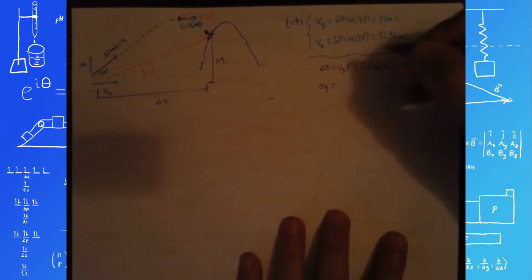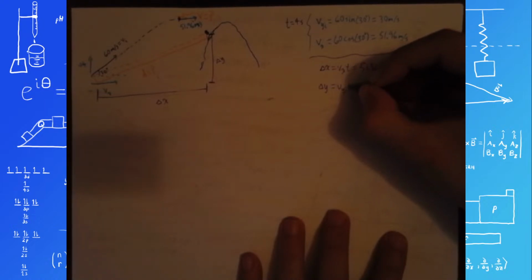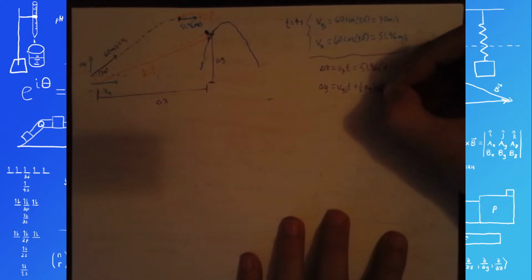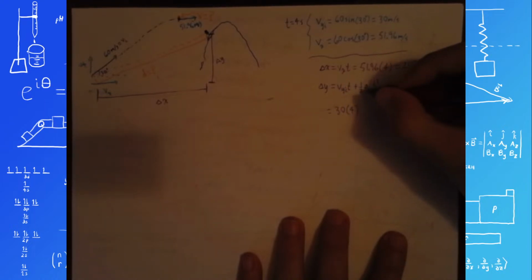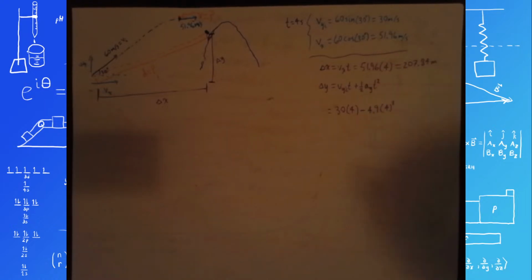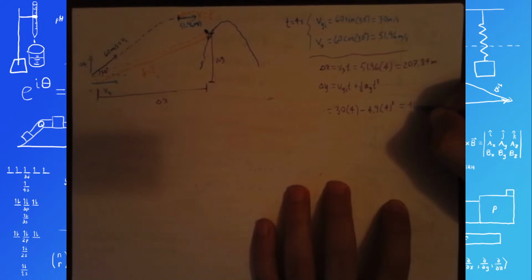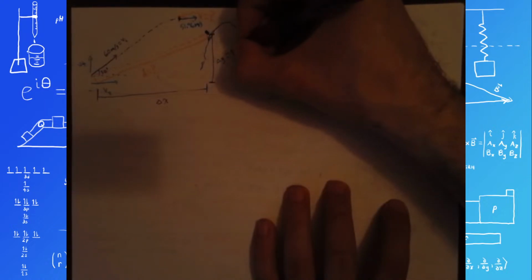That's going to be Vy initial times t plus 1/2 acceleration in y times t squared, equals 30 times 4. 1/2 times negative 9.8 is negative 4.9, and then times 4 squared, or 16. 120 minus almost 80, so I'm getting something close to 40, a little bit more. 30 times 4 minus 4.9 times 16 is 41.6. 41.6 meters, so 41.6 here, and 207.84 there.